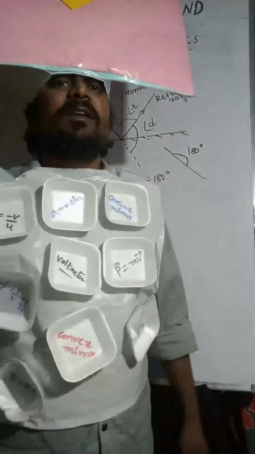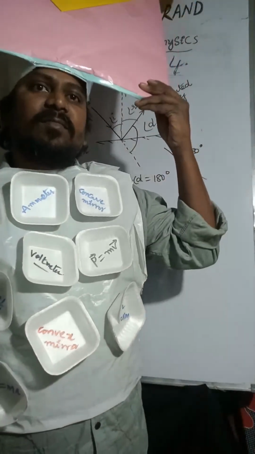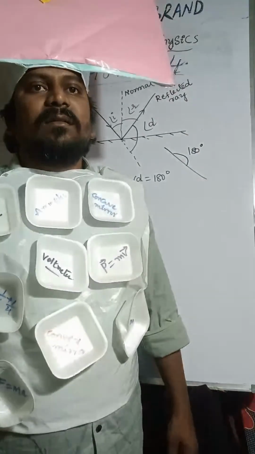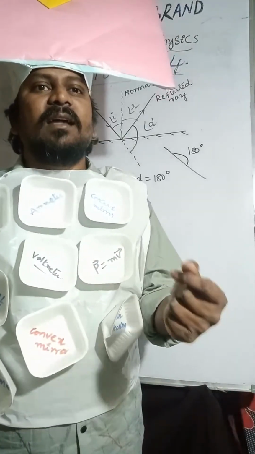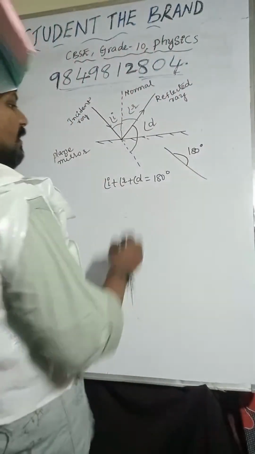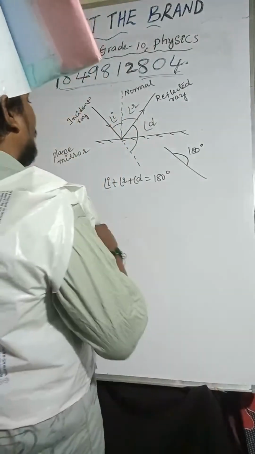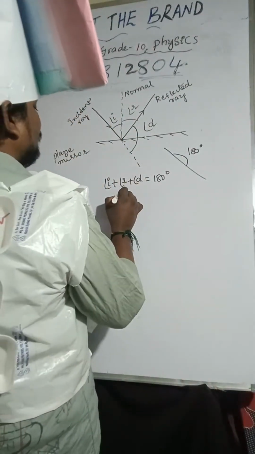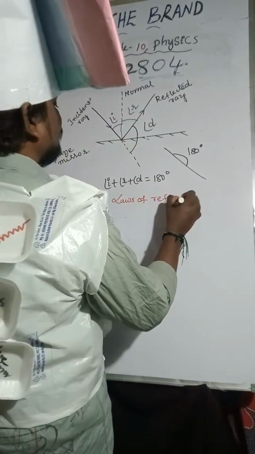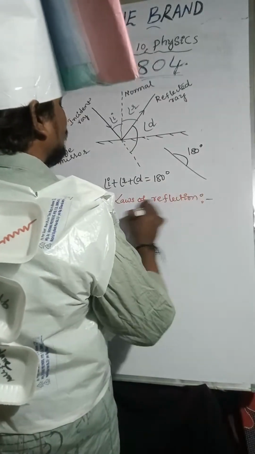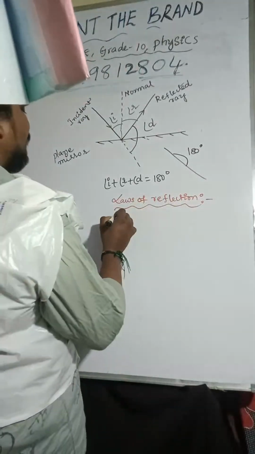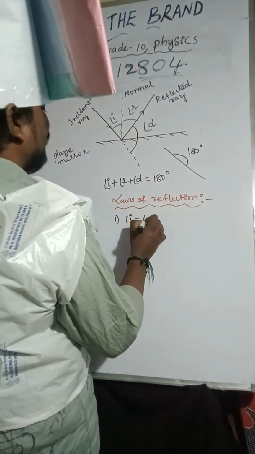From the laws of reflection, we can take that the angle of incidence is equal to the angle of reflection, the first point. Laws of reflection: first, the angle of incidence is equal to the angle of reflection.